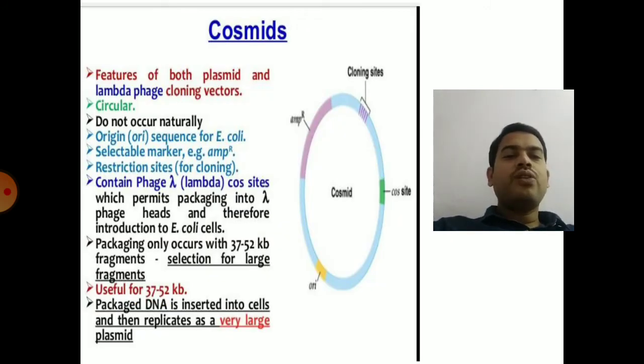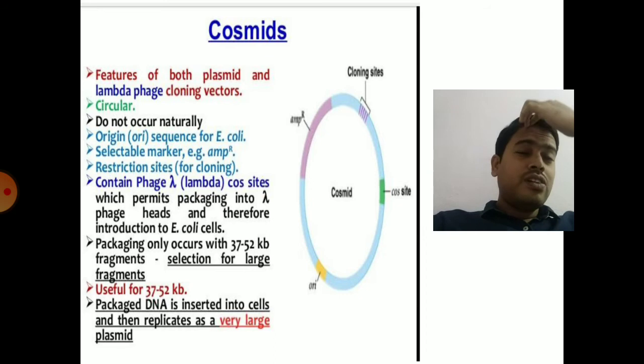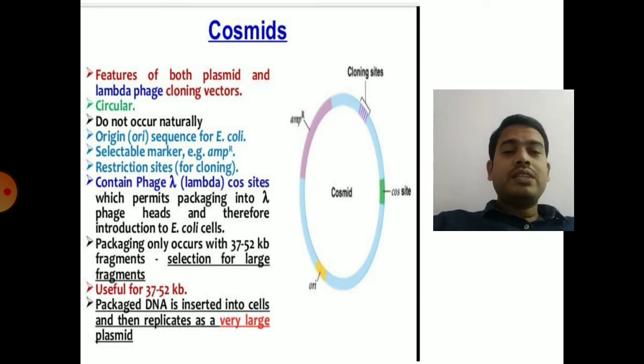So the next one is cosmids. Cosmids are also cloning vectors which come under plasmids. They contain both plasmid and lambda phage cloning vectors, that means they contain genes of both plasmid and lambda phage. Generally they do not occur naturally like lambda phage, but they are constructed.